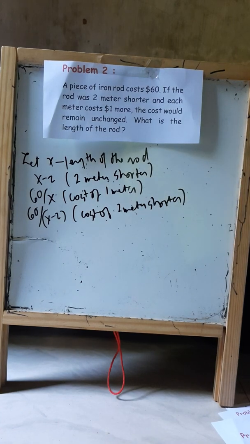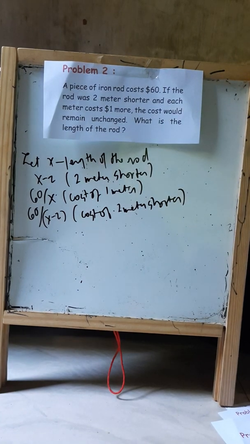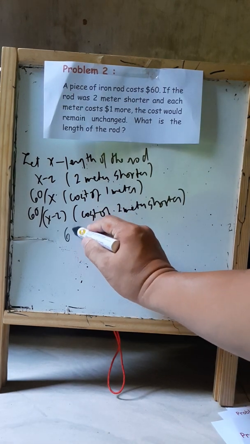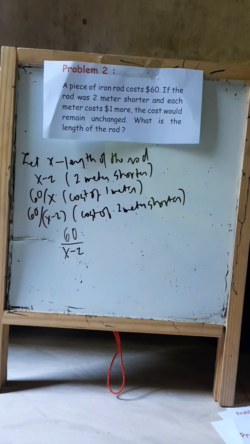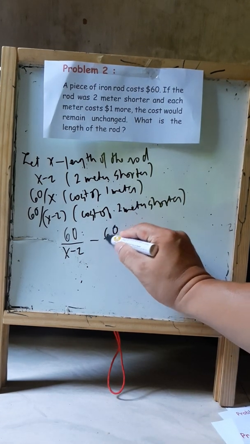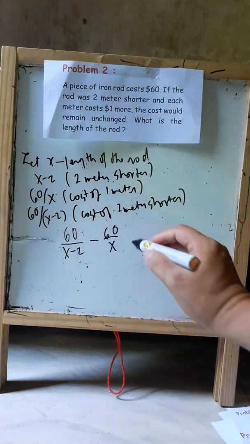So if the rod was 2 meters shorter and each meter costs $1 more, this will be our equation now: 60 over x minus 2 minus 60 over x is equal to 1.